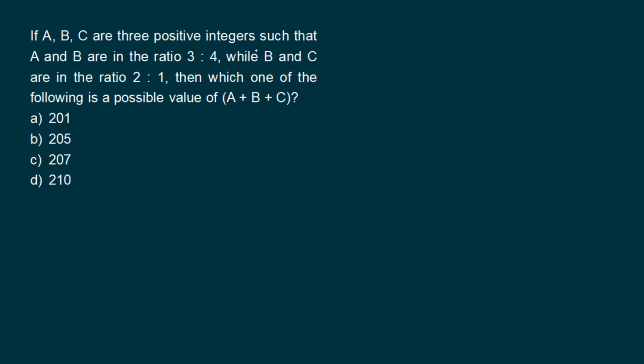If a, b, c are 3 positive integers such that a is to b is 3 is to 4 and b is to c is 2 is to 1, then which one of the following is a possible value of a plus b plus c? Can we just find the joint ratio quickly? Yes, we will have 6, 8, 4.